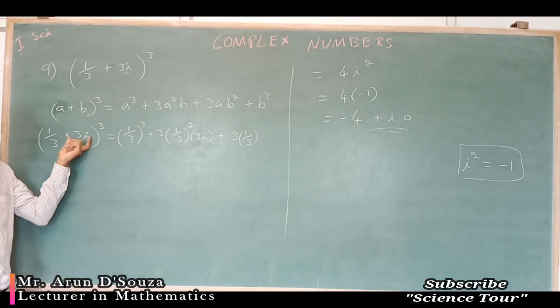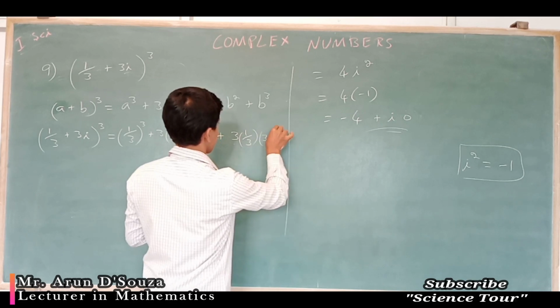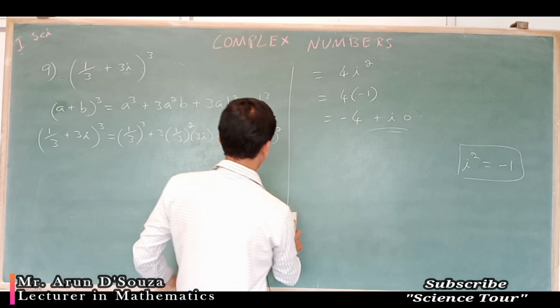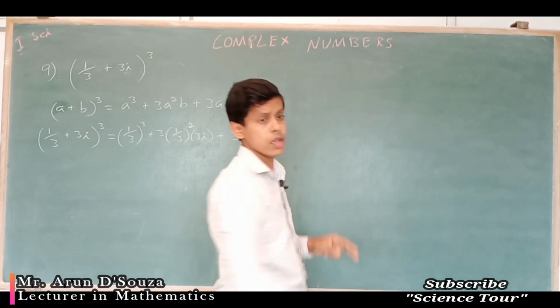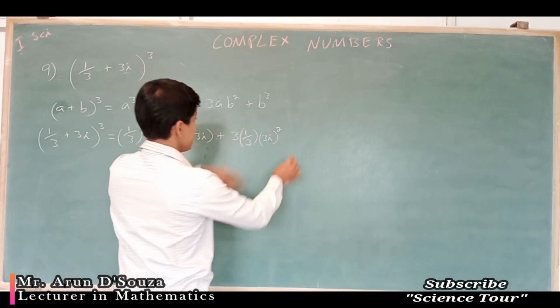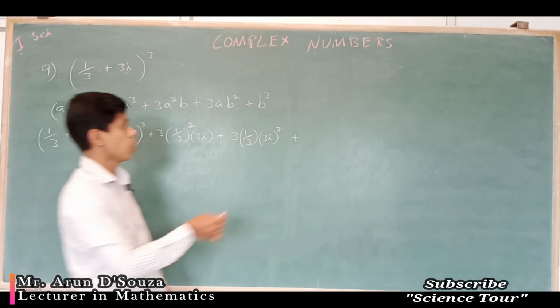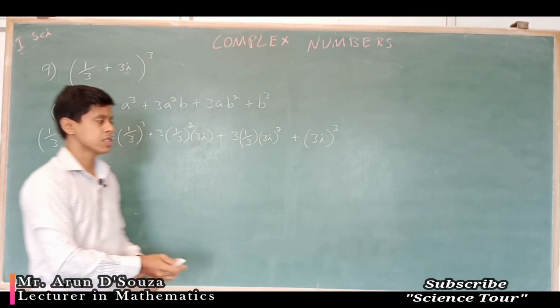So b is 3i, so (3i) square. Then the next step is b cube. So b placed in there, (3i) whole cube. Alright, so that completes the substitution.